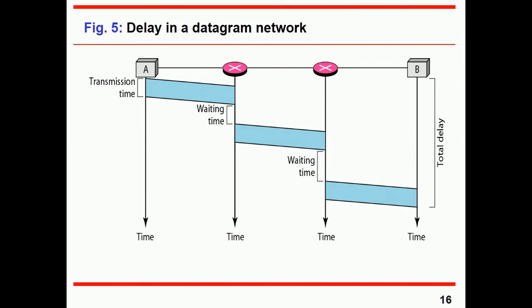There are also some waiting times. So when we calculate the total delay, these times will also be considered, and as we go downwards, the time is increasing, and this is the delay in the datagram network.